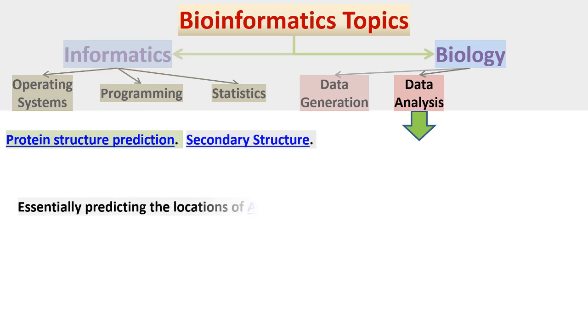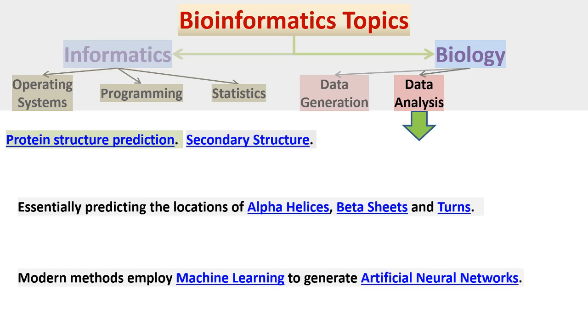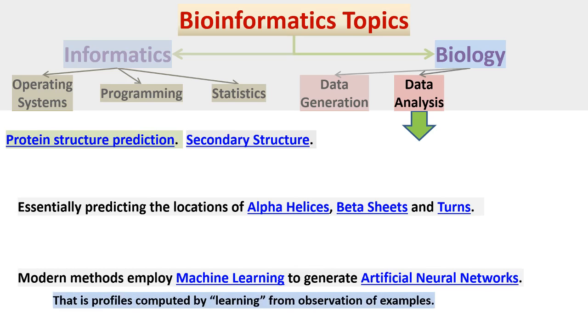First, consider the prediction of secondary structure from primary structure, that is, protein sequence. In essence, the software is trying to locate the alpha helices and beta sheets of a protein. Also, typically with rather less success, the turns. The best modern methods use machine learning to generate artificial neural networks.